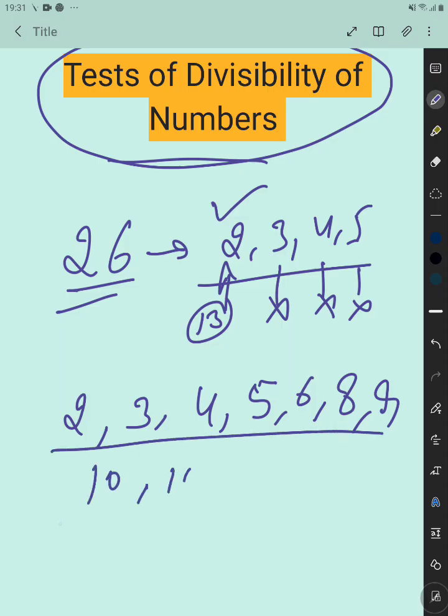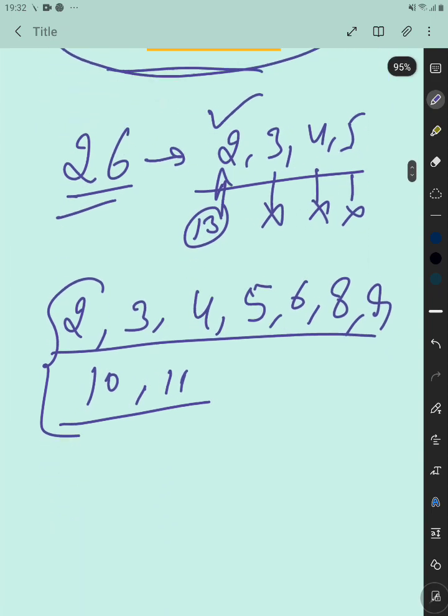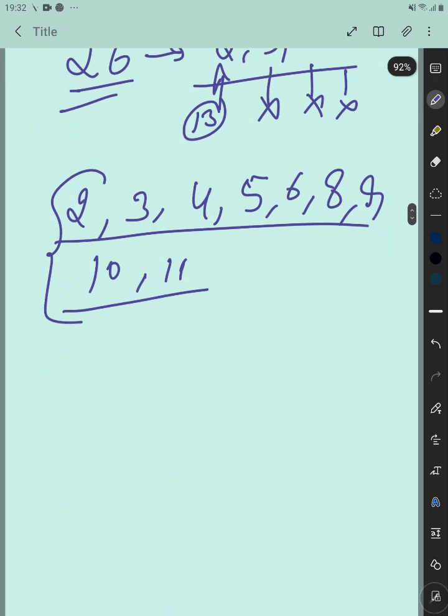For these numbers, we will find certain rules by which we can see whether those numbers are divisible by these numbers or not. We'll start with divisibility by 2.